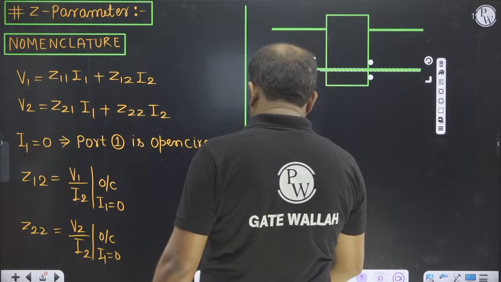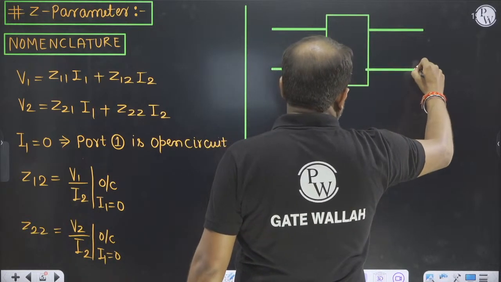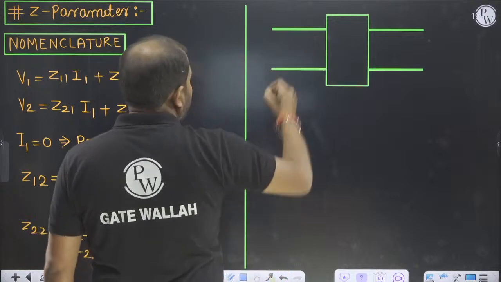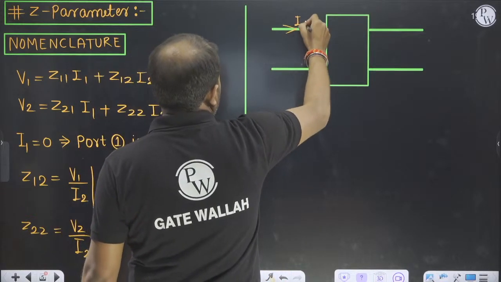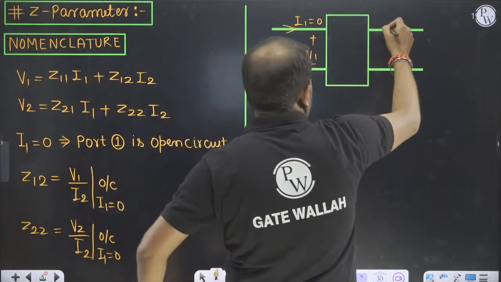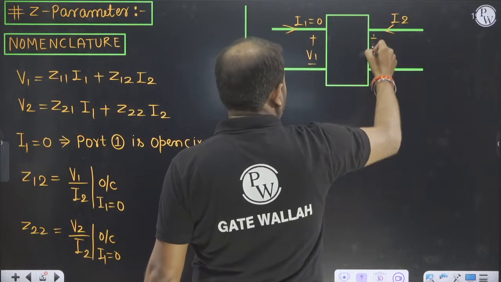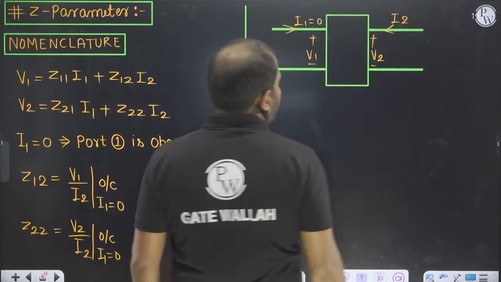So what is the output here? I1 is equal to 0 and there is output V1. I2 may or may not be 0, and there is V2.